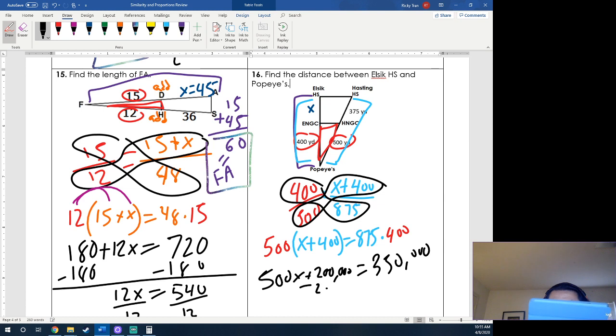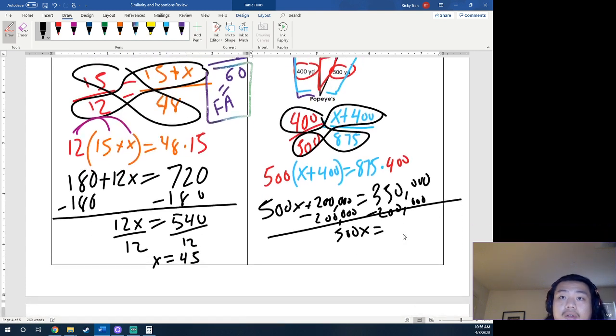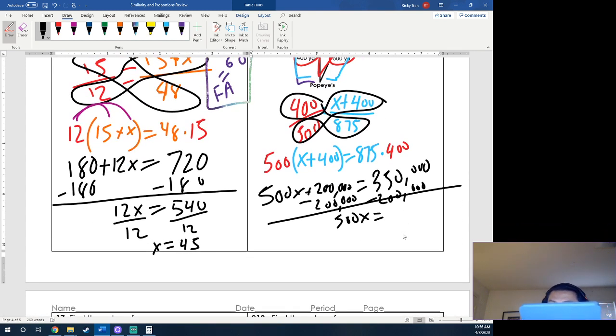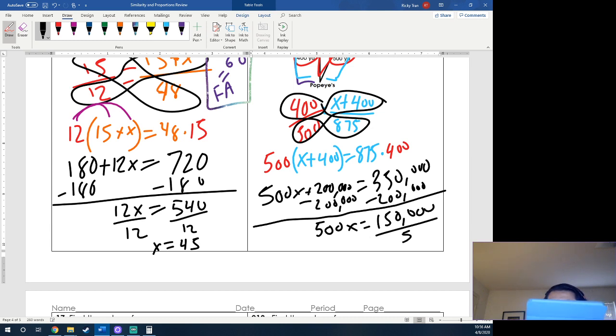We subtract 200,000 from both sides. Then we have 500x equals 150,000. Divide by 500.